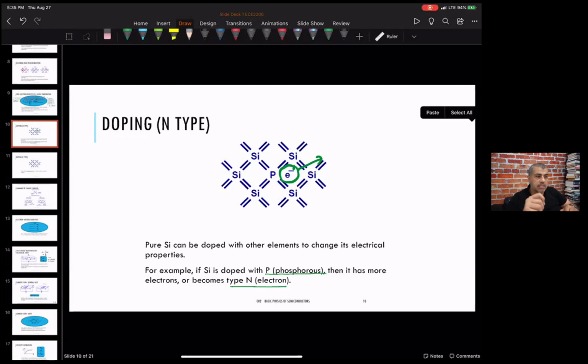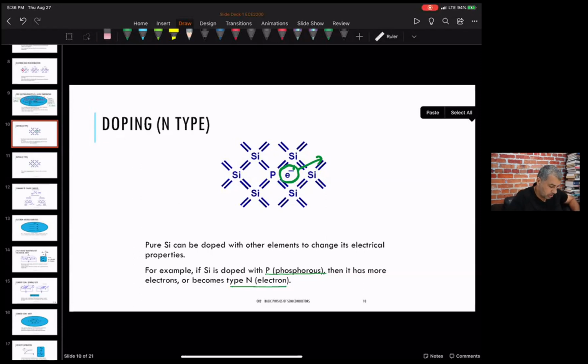They take phosphorus ions and slam them into the surface of silicon. Just like a cannonball, they ram right through your crystal and lodge themselves at some point in the crystal lattice. And so now you have these spare electrons.